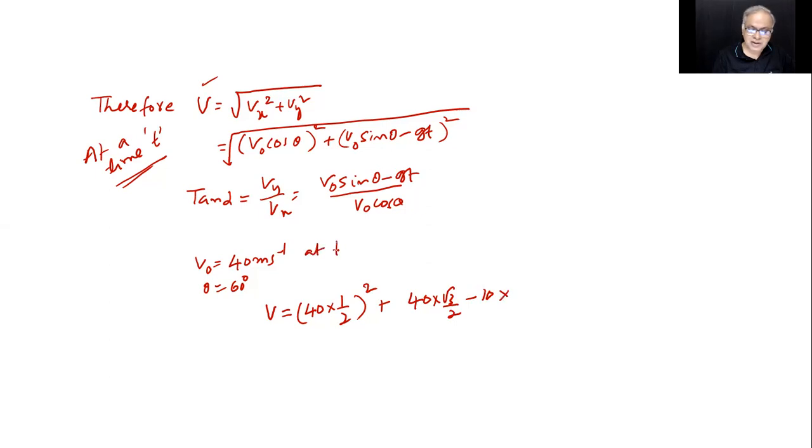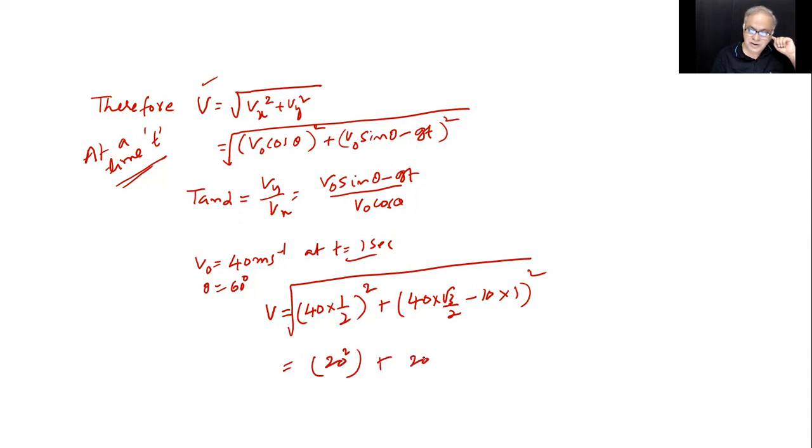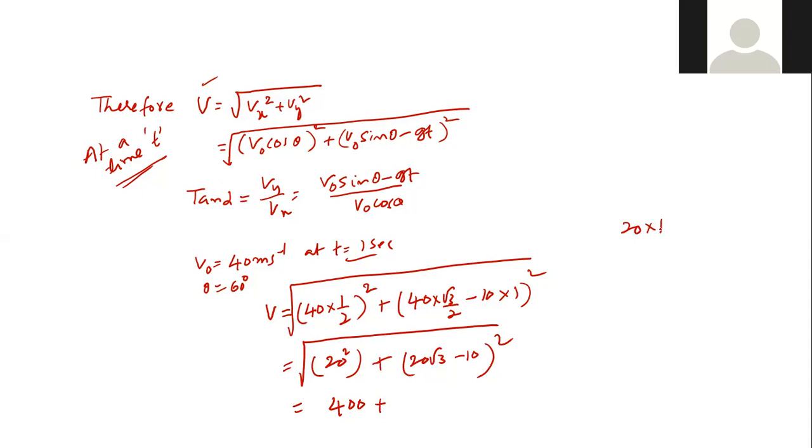So at t equals say 1 second, how much is the velocity wanted? gt into 1 whole square under root. So 20 square plus 20 root 3 minus 10 whole square under root. This is 400 plus 20 root 3 minus 10.